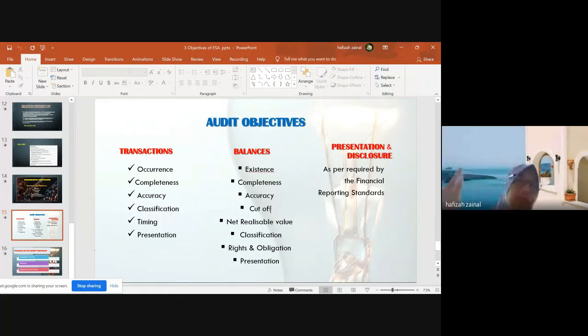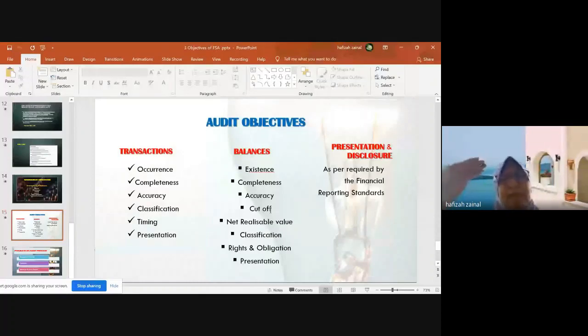Classification is also the same thing. For instance, should you recognize your receivable as a trade receivable or a non-trade receivable? Trade refers purely to your core business activity. Non-trade is other than your core business activity. So again, this is another classification that you should segregate.